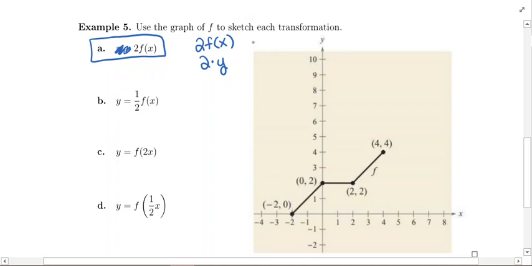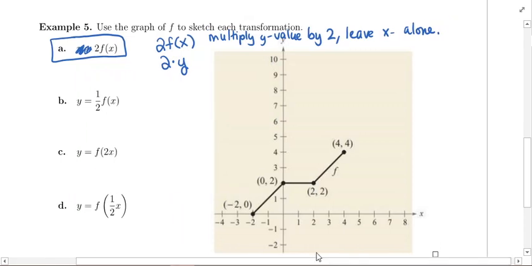I'll write it in words: we're going to multiply the y value by 2 and we're going to leave x alone. Let's do this. Maybe I'll make a little table here.